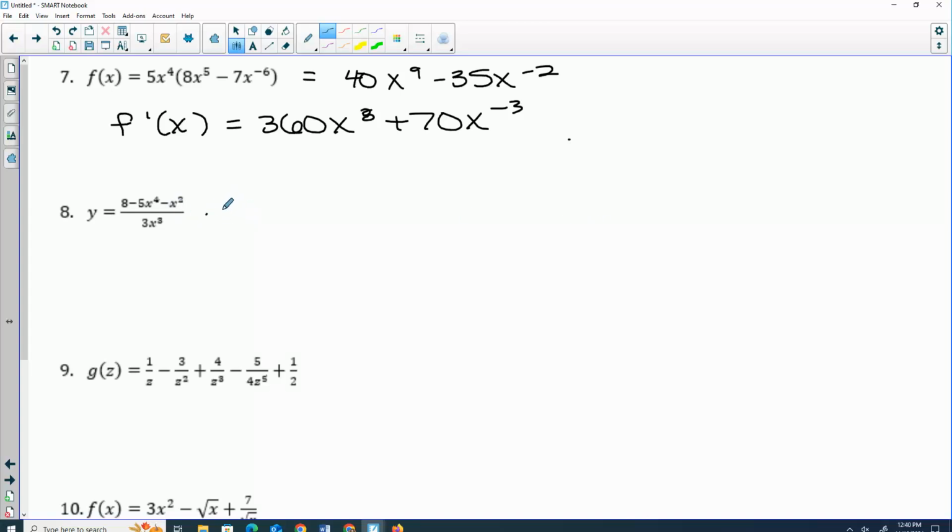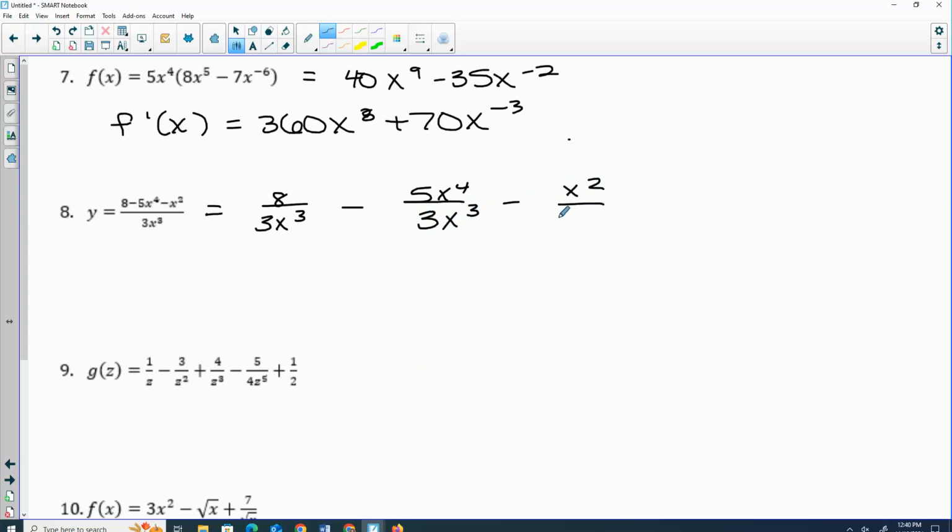Number 8, you can do quotient rule, or could we simplify this one first? Yeah, you have multiple choices. Because it's just one term on the bottom, you could think this means each one over 3x cubed. So if you chose to do it that way, you certainly could.